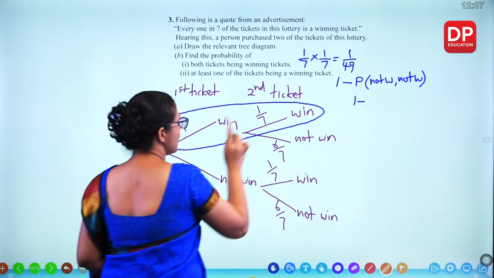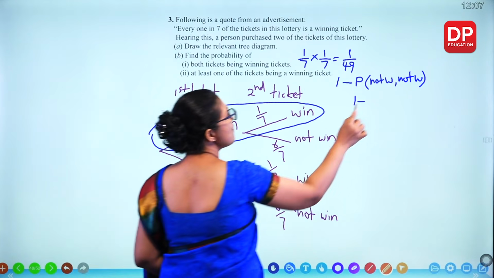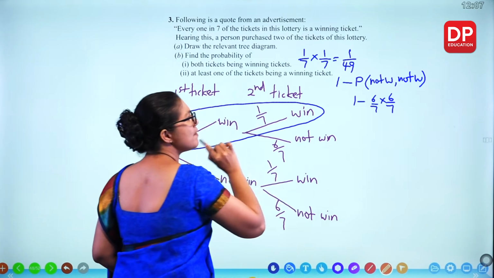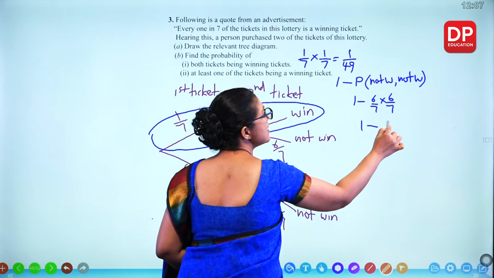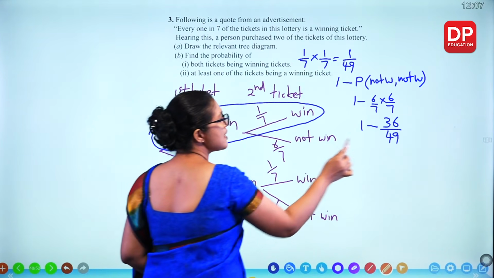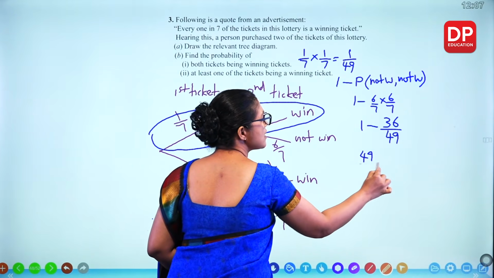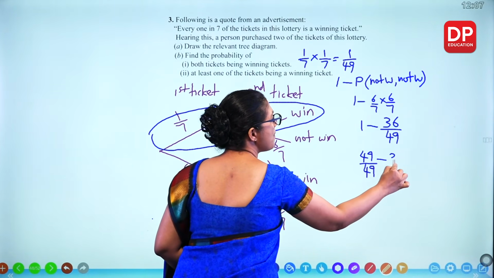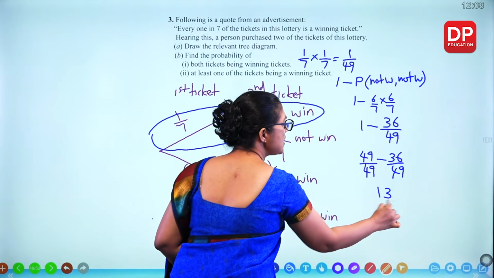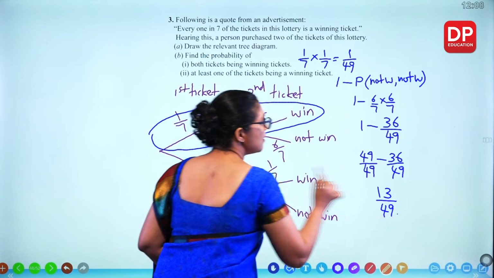Not winning means 6/7 times 6/7. When you simplify, you get 1 minus 36/49. Convert to the same denominator. I can write 49 over 49 minus 36, which is 13 over 49.